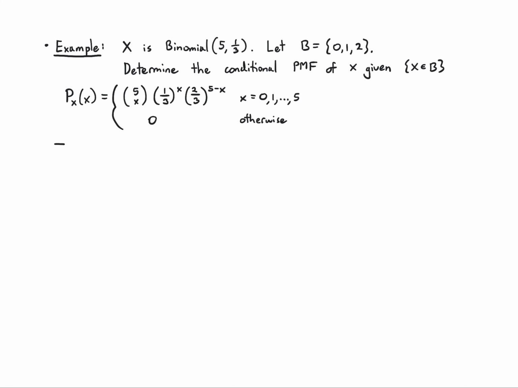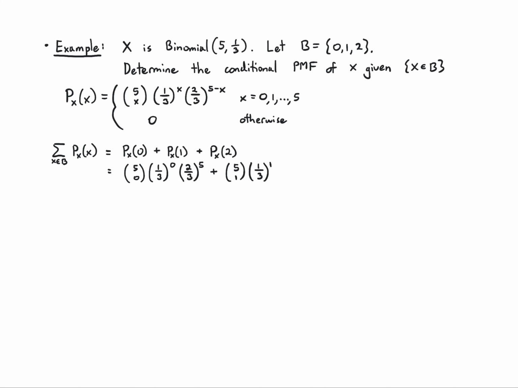To get the probability that x falls into B, we're just going to sum up over B. So we're summing up the PMF at 0 and at 1 and at 2, right? That's plugging in 5 choose 0 times 1/3 to the 0 times 2/3 to the 5, plus 5 choose 1 times 1/3 to the 1 times 2/3 to the 4, plus 5 choose 2 times 1/3 to the 2 times 2/3 to the 3.